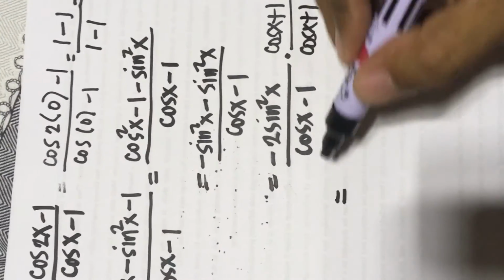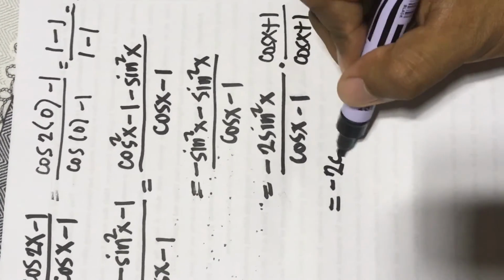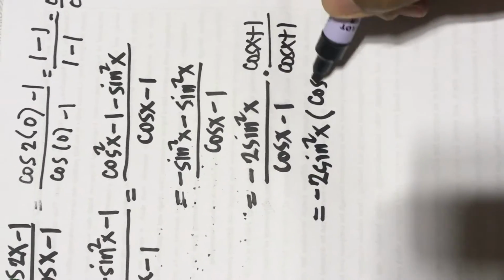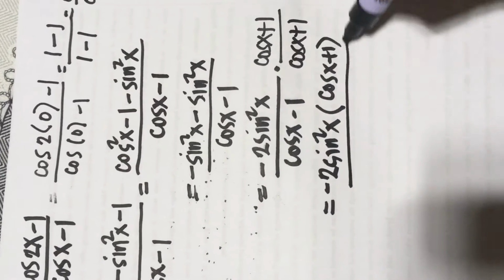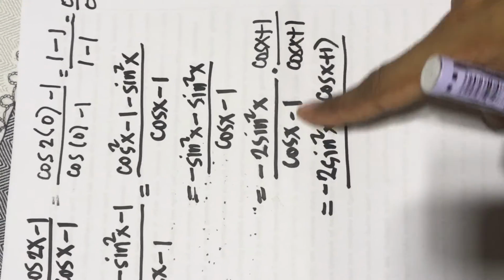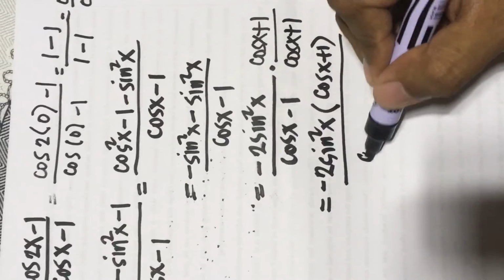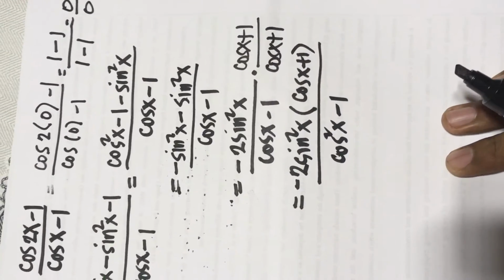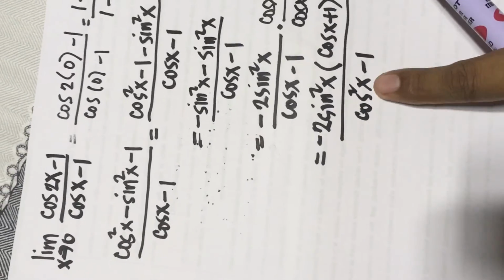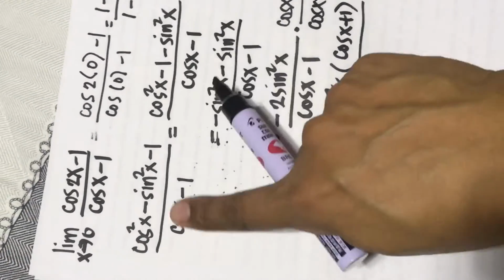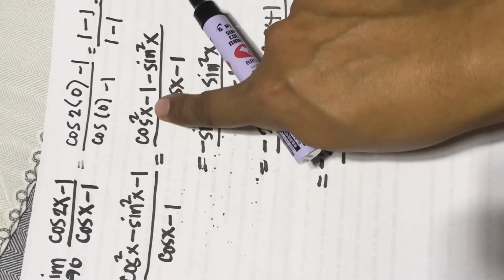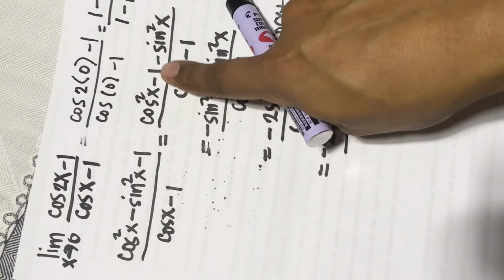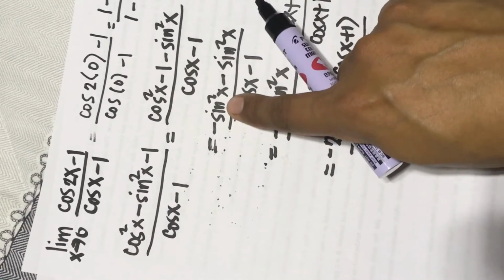So we have negative 2 sine squared x times cosine x plus 1 all over, that is the sum and the difference of two binomials. So we have cosine squared x minus 1. And we all know that cosine squared x minus 1 is converted into its identity, which is equal to negative sine squared x.